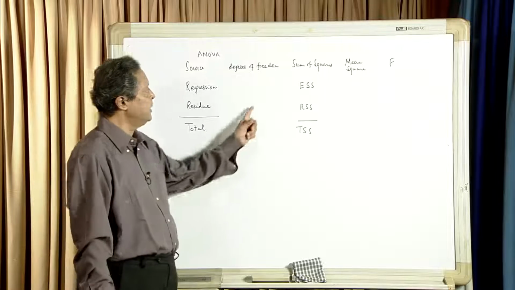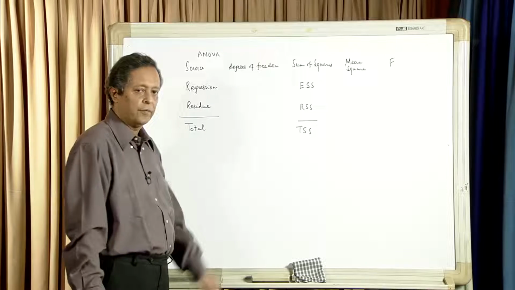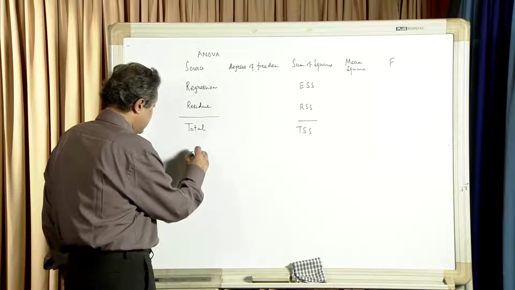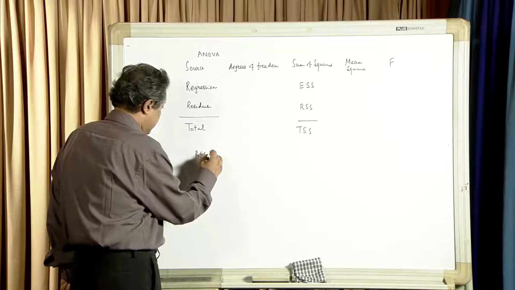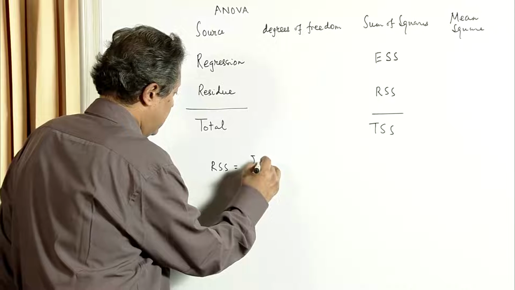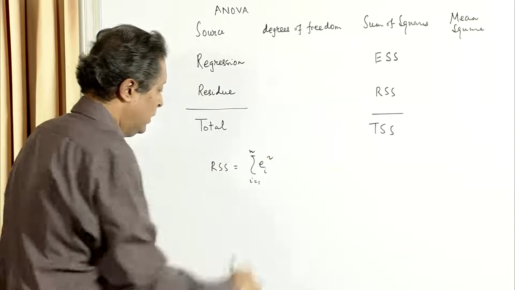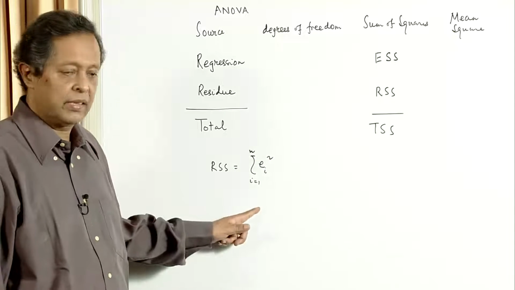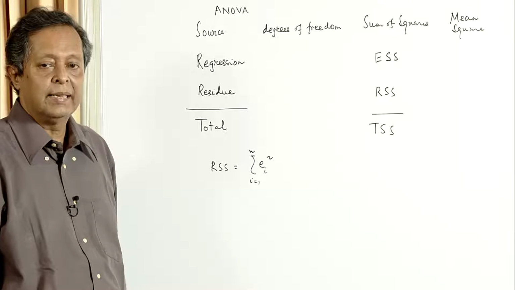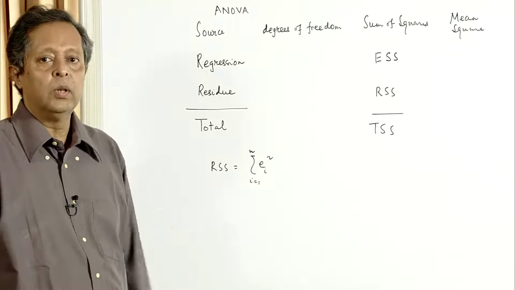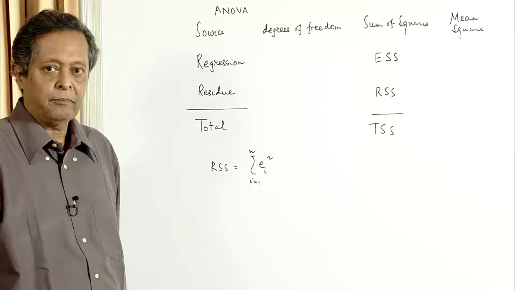Now, let us come to the concept of degrees of freedom. As we know, residual sum of squares is the sum of the squares of the error terms. In order to arrive at this, we had to estimate beta 1 hat, beta 2 hat, right up to beta k hat.